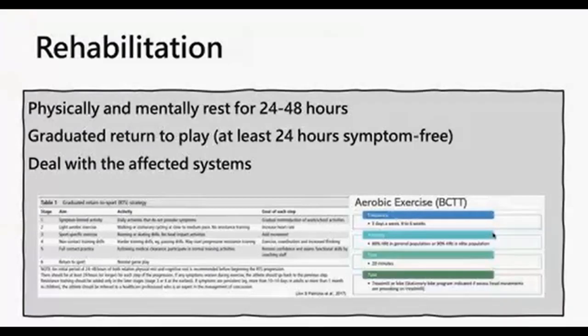And we are going to use 80 to 90% of the target heart rate to train the athlete, like 5 to 6 days per week, and then we will repeat the Buffalo test again to get a new target heart rate. And we are going to see whether the athlete can recover to 80% or, in an athlete, at least 90% of the maximal predicted heart rate without symptom provocation.